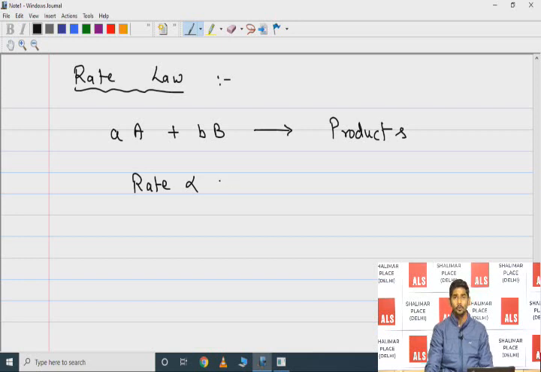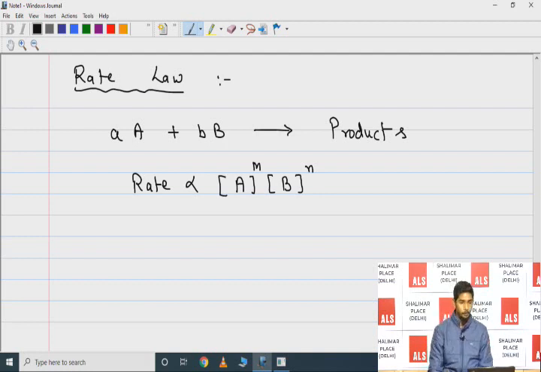There is no involvement of the products for the expression of the rate law. So what can I say, that rate of this particular reaction can be written as concentration of A and concentration of B, having some powers, and these powers are m and n.